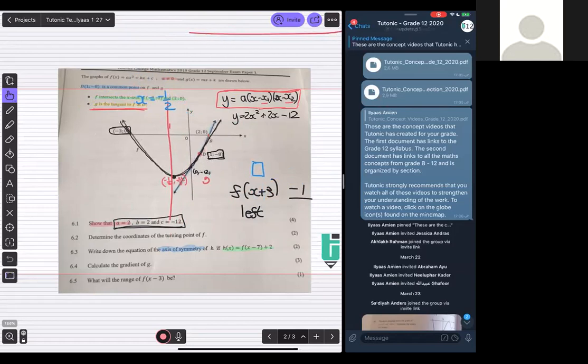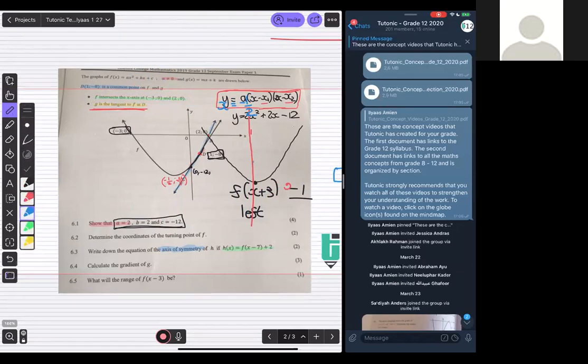Okay, so what's the new axis of symmetry going to be then? Shaida, any ideas? Naima?